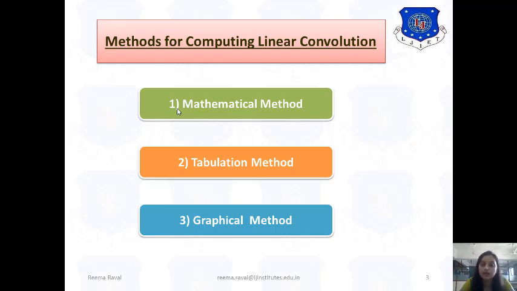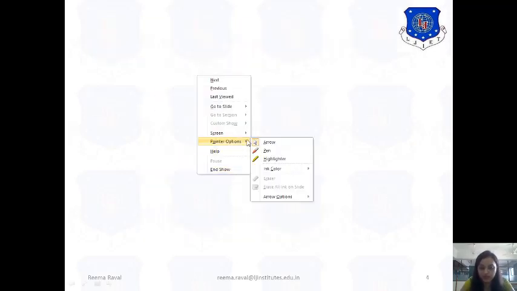Now in today's session we are going to consider all three methods together so that you can understand the difference between them, and in the exam, if you are asked to find linear convolution using any method, you can decide which method will be easiest for you. So we are going to consider different variants of examples.